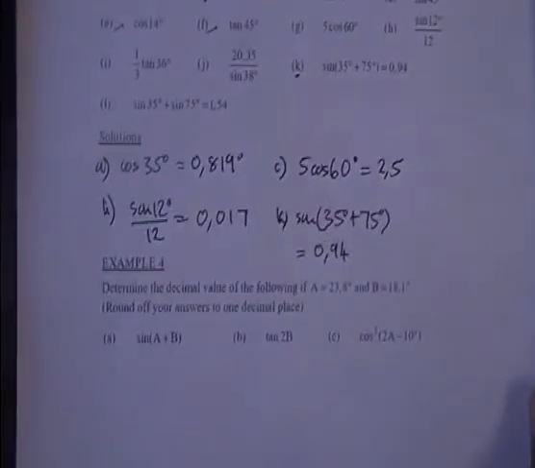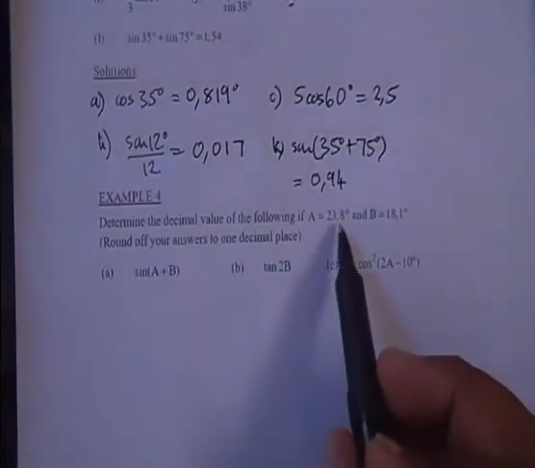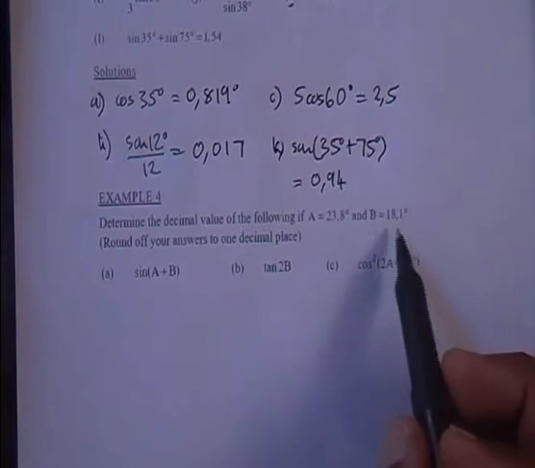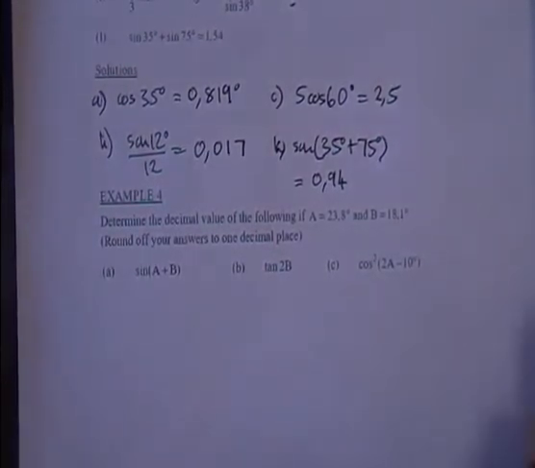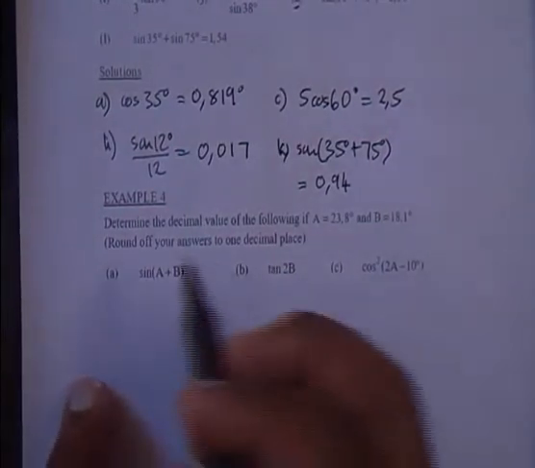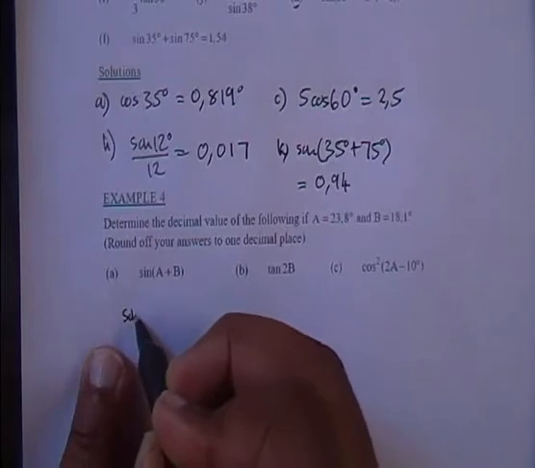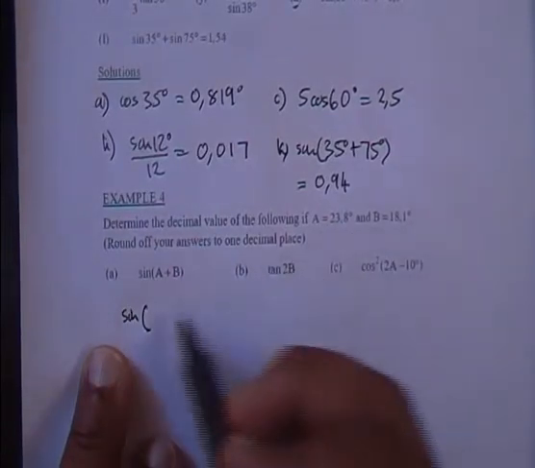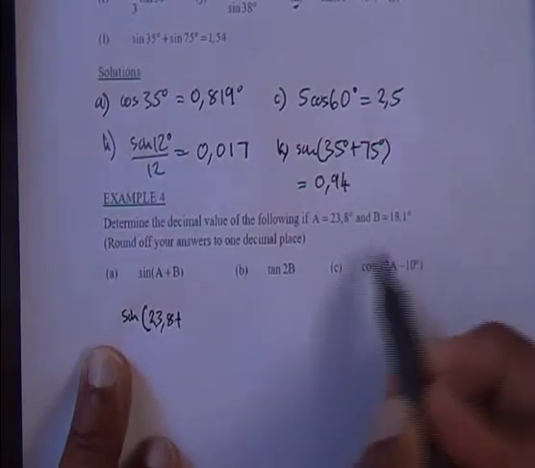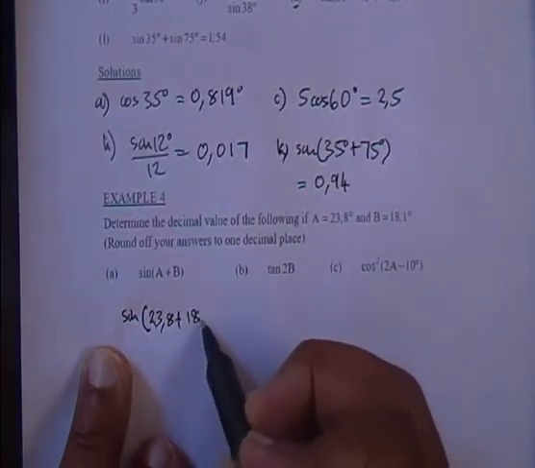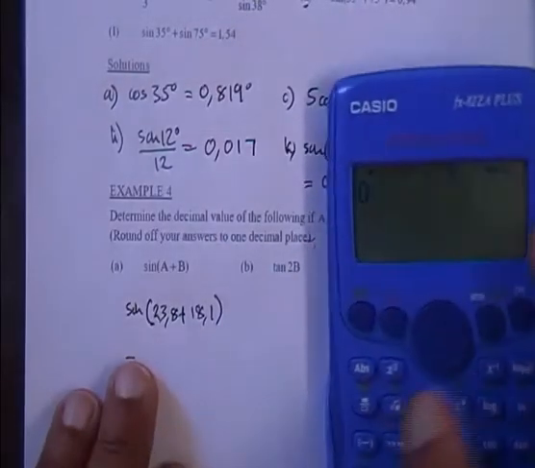Okay, now suppose here we are told that A is 23,8, B is 18,1, and we're supposed to calculate and round off our answers to one decimal place. All right, so sine of A plus B, okay, we're told A is 23,8, so we write that. B is 18,1, so we write that. And you just take out your calculator.